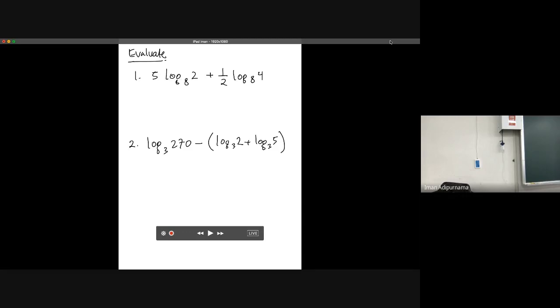This is half log base 8 of 4. This is 3 log base 3 of 270. Log base 3 of 2. Log base 3 of 5. Okay, try that one.